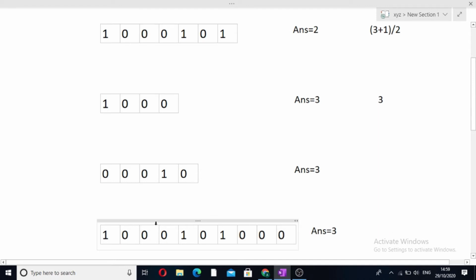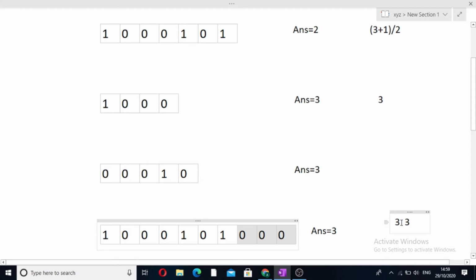Here we can see that the maximum continuous zeros in between two persons is 3, and the maximum continuous zeros at the end is also equivalent to 3. In this case what we will do is give preference to the ending zeros, that is, the continuous zeros which are at either end of the row.